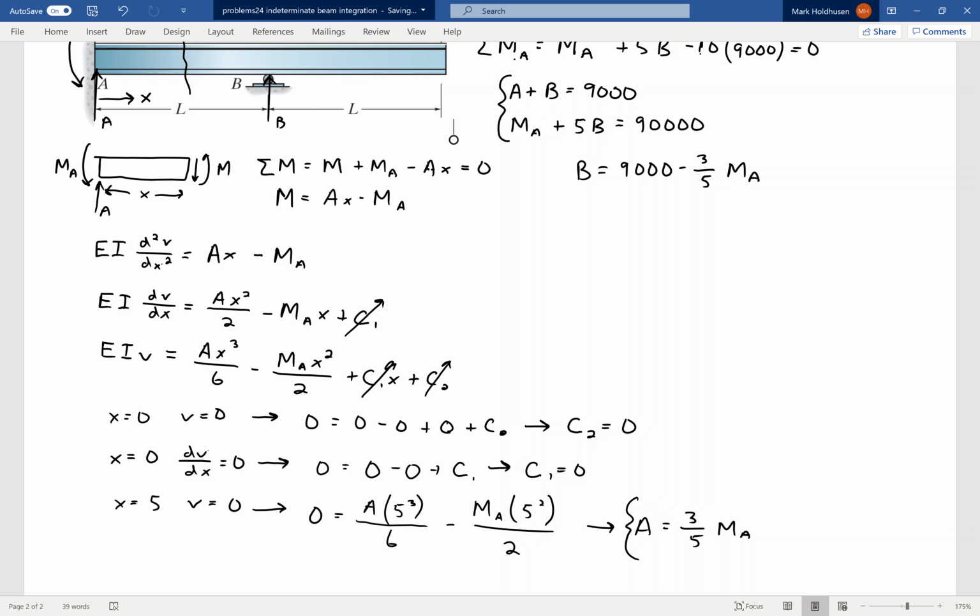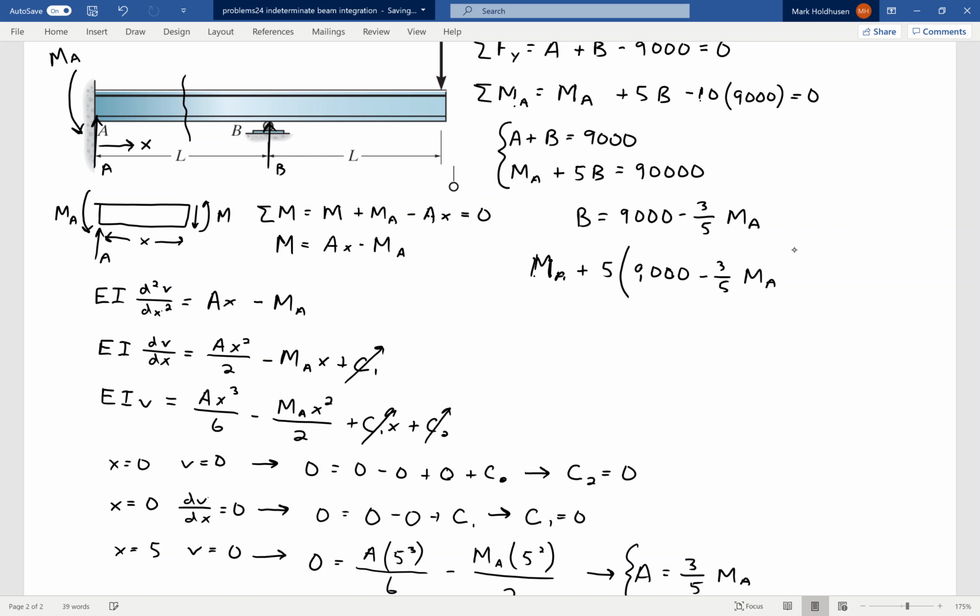Now that I know that, I can plug it into the next equation, which is MA plus 5 times (9,000 minus 3/5 MA) equals 90,000. Now I can solve for MA.